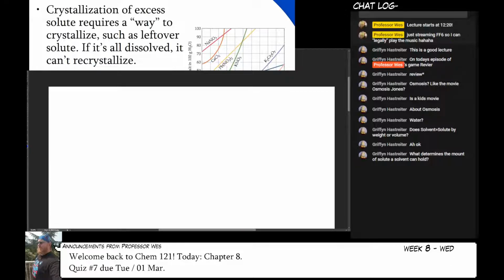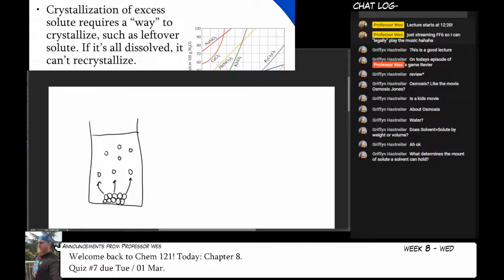All right. So here's my container. And here's my solid. I'm going to just draw my solid as a bunch of like little chunks here. And then here's my water. When this dissolves, what ends up happening is the pieces become independent and float around, surrounded by water, right?